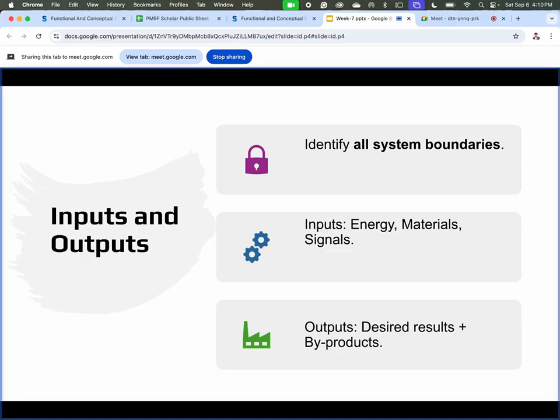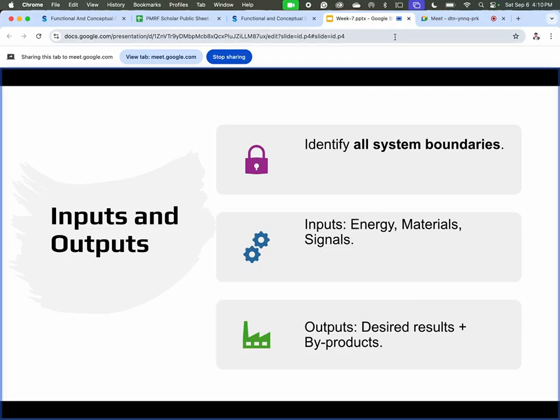These boundary definitions ensure that nothing important is left out. A design that misses even one critical input, like forgetting about waste disposal, will inevitably fail in practice. Therefore, this step ensures completeness and prepares the ground for functional flow mapping.